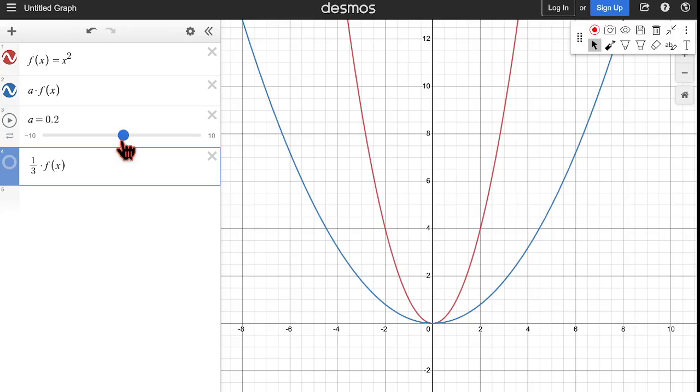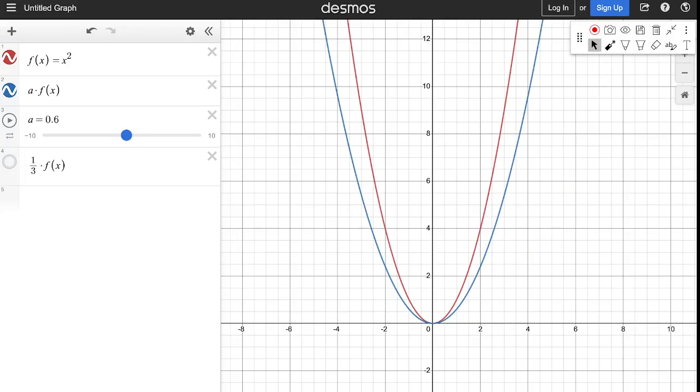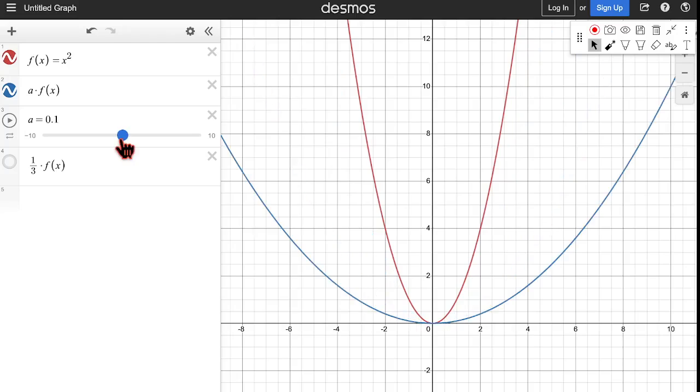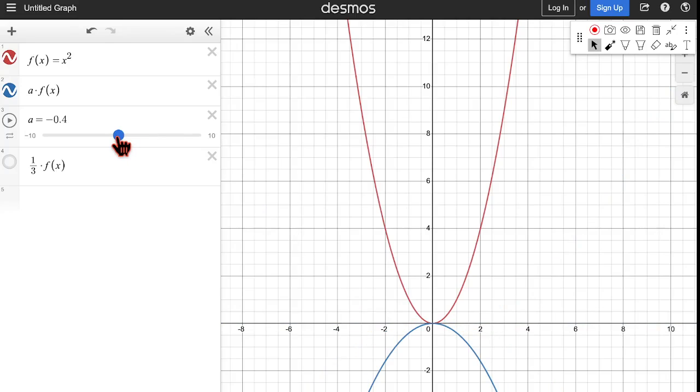Any particular y value is smaller. Now if we go below 0, then it becomes negative, and we should get a reflection, which we do. So once we bring in the negative, we're putting in a reflection on top of a stretch or a shrink. So that's all that does.